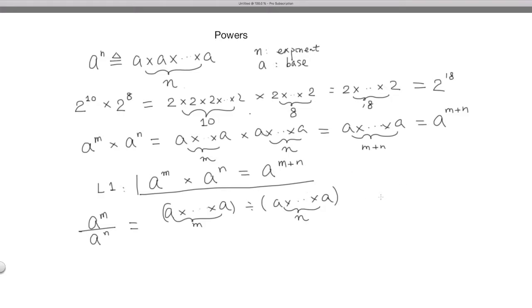Now let's think about a simple case when m is bigger than n. In this case, you have m a's multiplied together, divided by n a's multiplied together. If I write this as a fraction, you have m a's in the numerator and n a's in the denominator. You're going to cancel n a's from the numerator and denominator at the same time, which keeps the value the same.